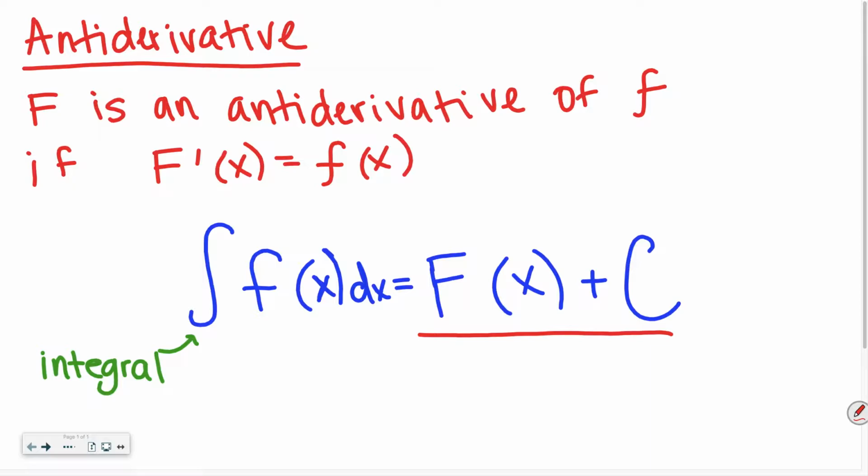Since there are no numbers on it, this is what we call an indefinite integral. There are no numbers that we are going to plug into it right now, so it's called indefinite. Next semester, I'll teach you the fundamental theorem of calculus. There'll be numbers on that integral symbol, and we would call that a definite integral.